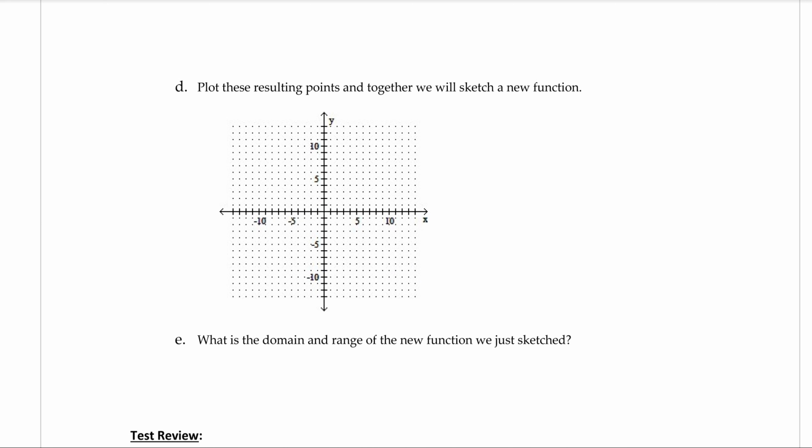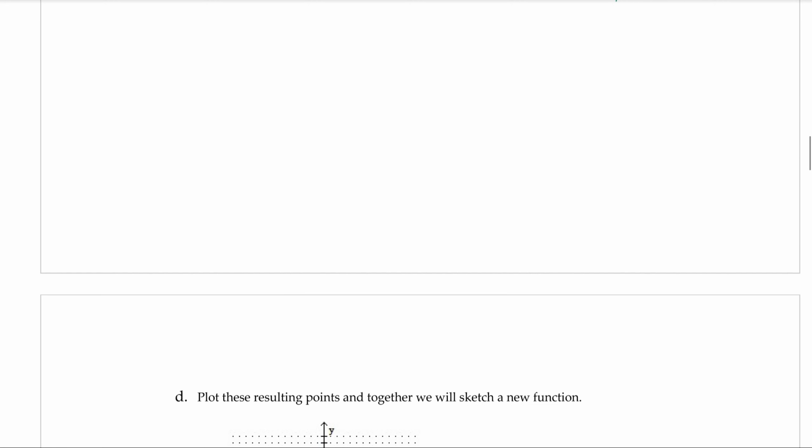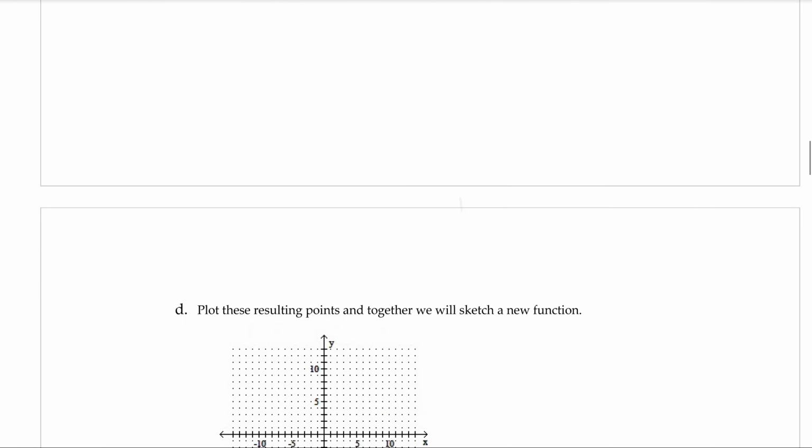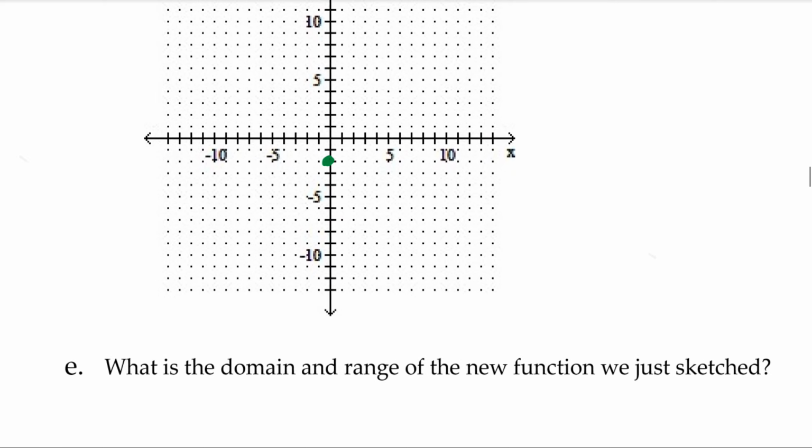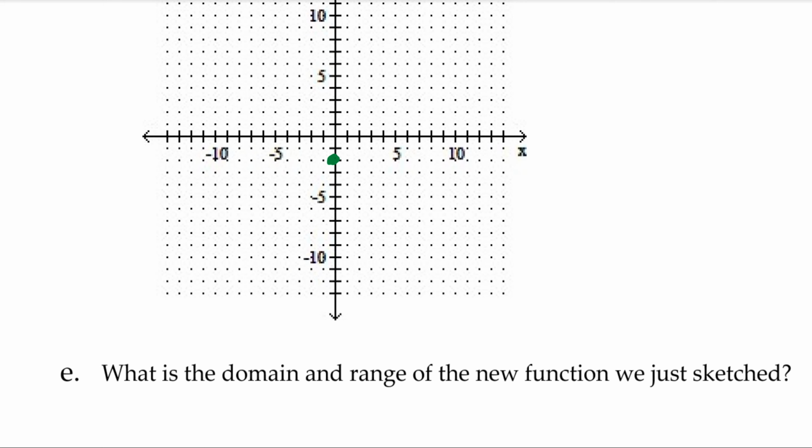So we have our first point, let's say 0, negative 2. So at 0, down 2, we have a point. Let me zoom in for you guys. And then we have a point at 1, negative 1.